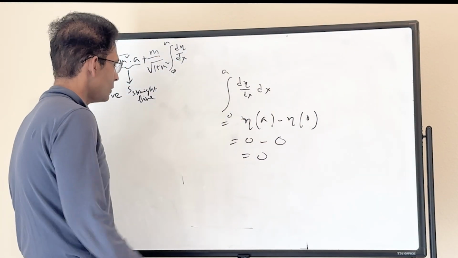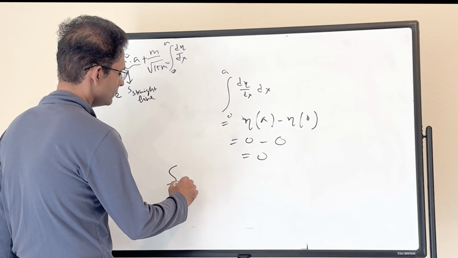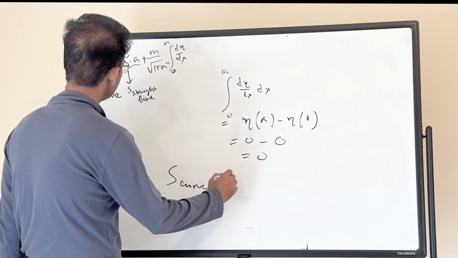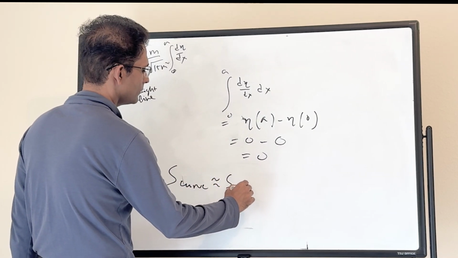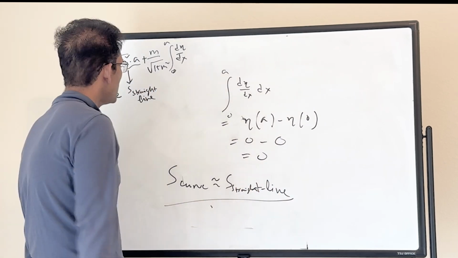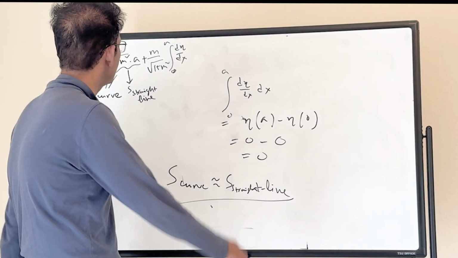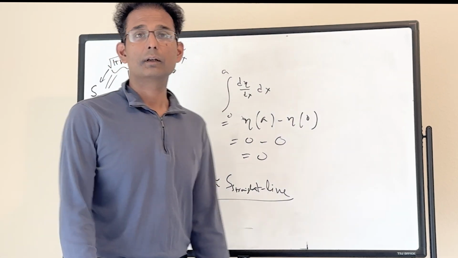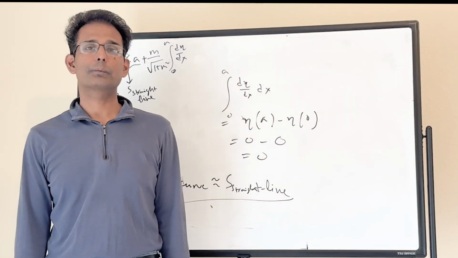So what I showed is that S curve is approximately equal to S straight line, up to the first order variation of the variable eta.